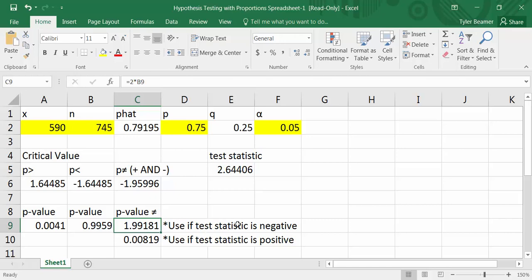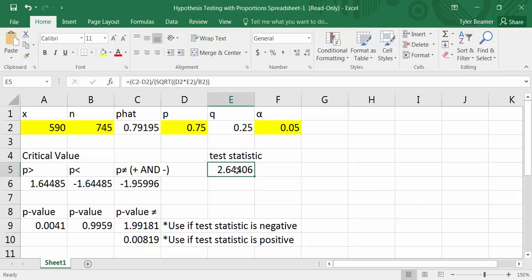So notice I've given these asterisks here where you should use this p-value if the test statistic is negative for a not equals to test, and then this p-value if the test statistic is positive for a not equals to test. So you actually need to look at the sign of the test statistic and then of course know what the alternative hypothesis is to get the right p-value.